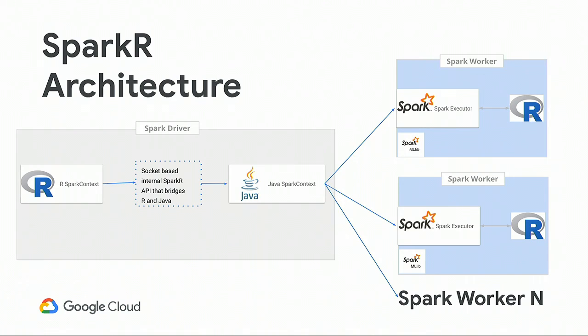You can think about that essentially as a client for calling into Spark. Now, under the hood, what happens in that SparkR context is there's a bridge. It's done over a socket layer that's going to translate your R code into Java code. And then there's a Java Spark context that's actually going to scale your work across the various Spark executors. You can think of those basically as nodes in the cluster at a high level.